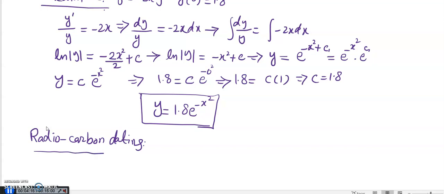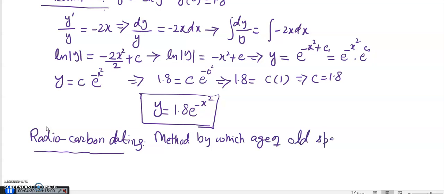It is actually an analytical method by which the age of old species can be determined, such as the age of fossils, etc.